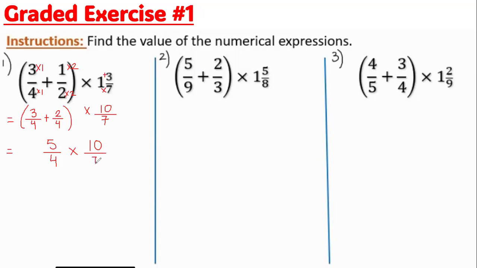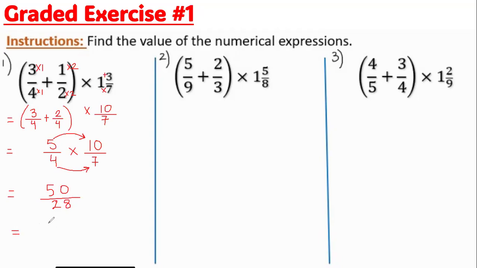Very good. And so we have 5 times 10, which is what? 50. Very good. And 4 times 7 is what? 28. Very good.